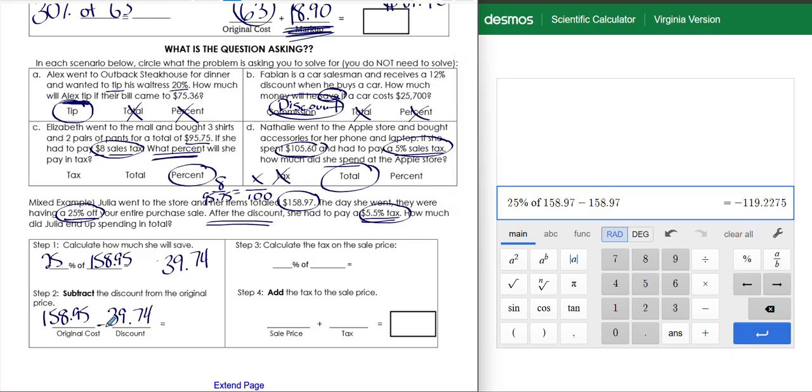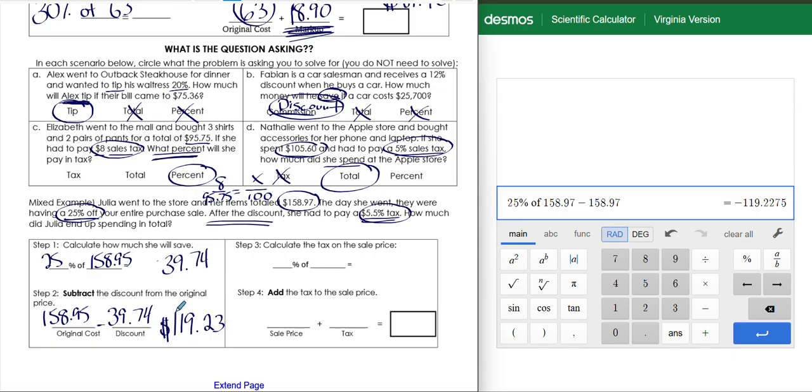Maybe you actually want to type these two numbers in individually, but I just want to keep this in and do as little as possible. So I'm showing that subtraction in the wrong order. So it ends up with a negative version of the correct answer. So really, it's going to be a positive 119.23. Again, rounding here, we're going to round that 2 up to a 3 because the next number is a 5 or bigger. So after the discount, it's $119.23.